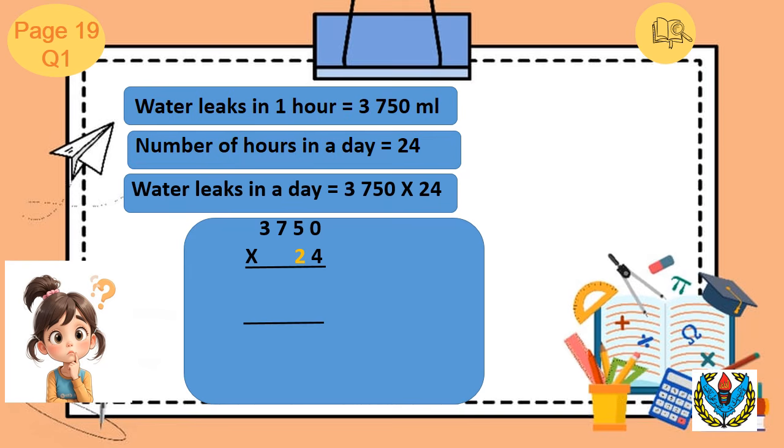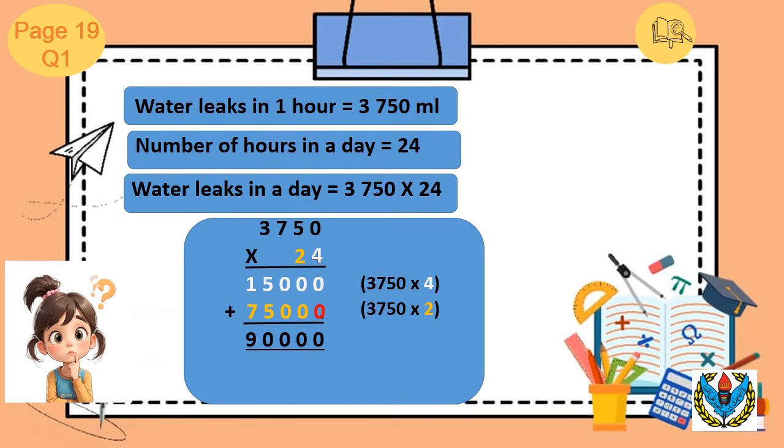Now, you can write this sum vertically. 3750 is your multiplicand and 24 is your multiplier. Start multiplication. First, we can multiply the ones digit, that is 4, with our multiplicand. The answer is 15,000. Now you can multiply the second digit, that is 2, with your multiplicand and write the answer by leaving the first place empty, that is the ones place.